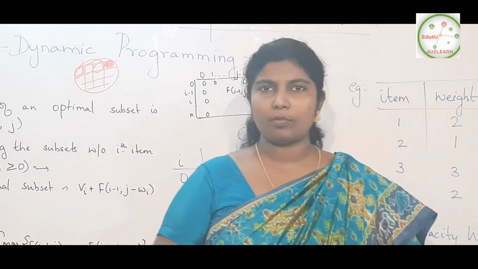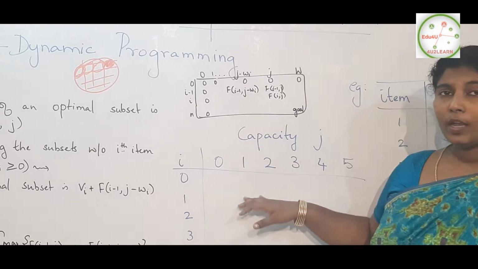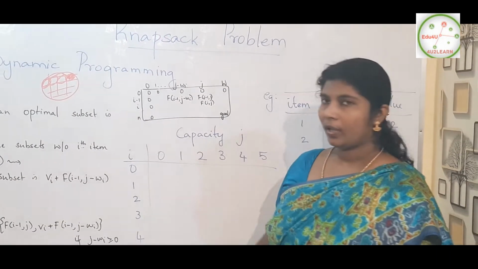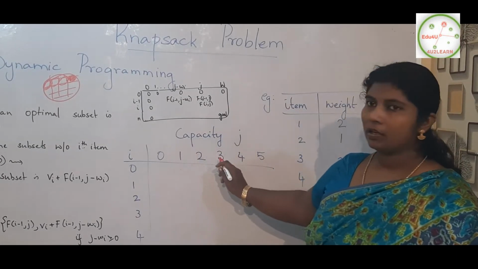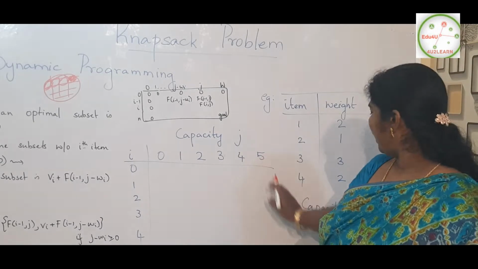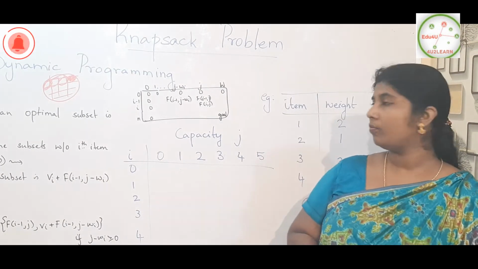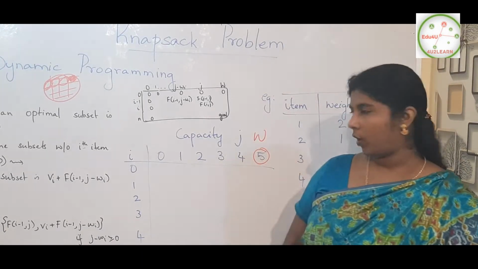In this knapsack problem, what could be the smallest subset? It is built by adding weight. Initially we have 0 weight, then 1 weight, 2, 3, 4, and the maximum, since it is 5, is 5 as the capacity. So this is going to be the weight.